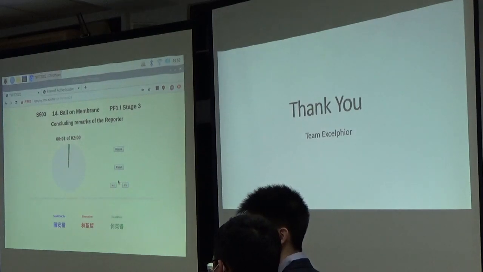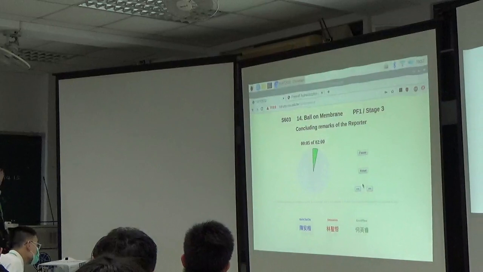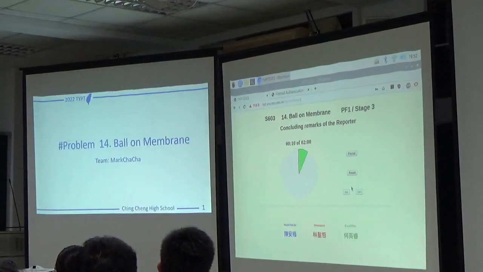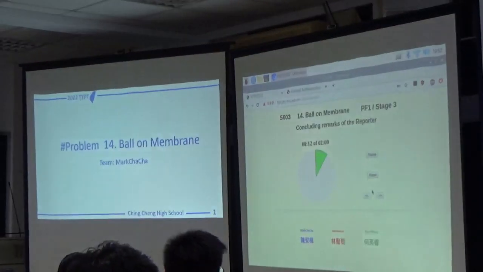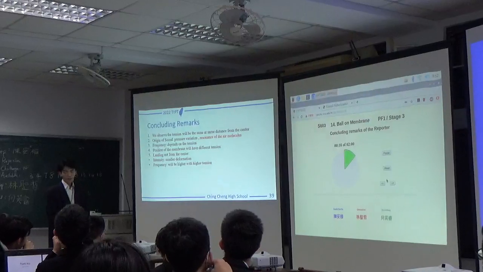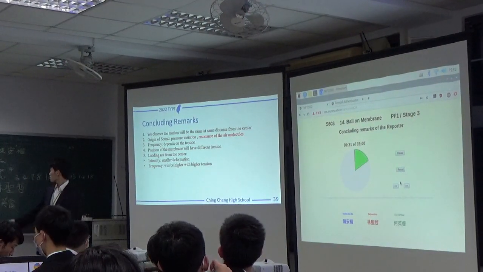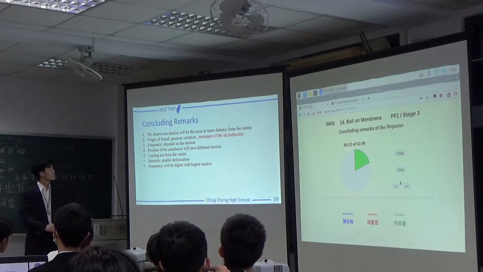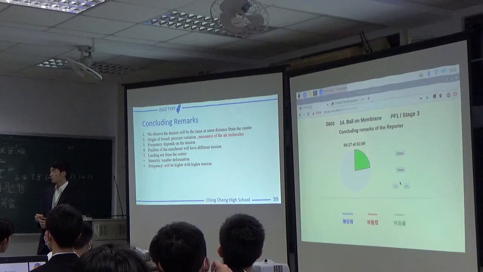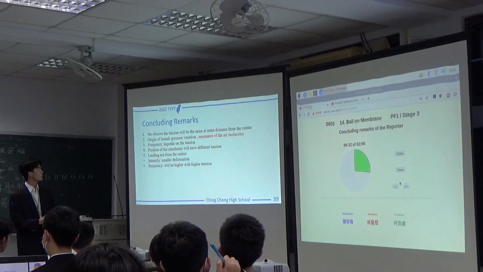The reporter, your concluding remarks. So here are my concluding remarks. Firstly, we observe that in the graph, the tension will be at the same distance from the center, because we can control our experiment with the balloon holders.